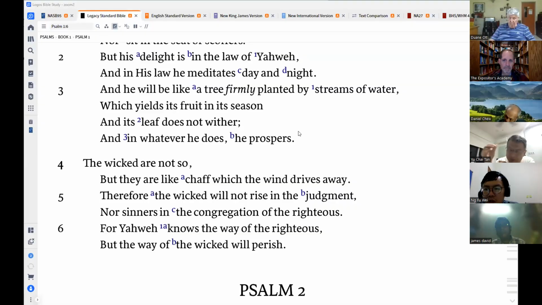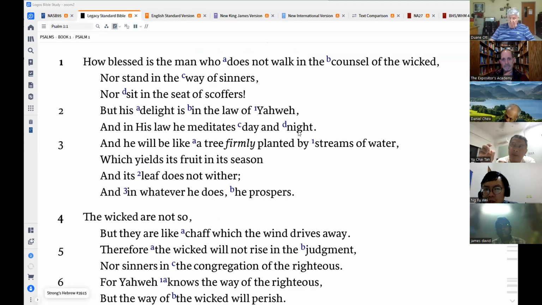No, there's another set of images in verse 1 itself. How blessed is the man, and why is he blessed? Negatively speaking, he avoided walking, standing, and sitting in the ways of the wicked, sinners, and scoffers. It was Spurgeon, in one of his devotions years ago, who pointed out that sin slows you down.